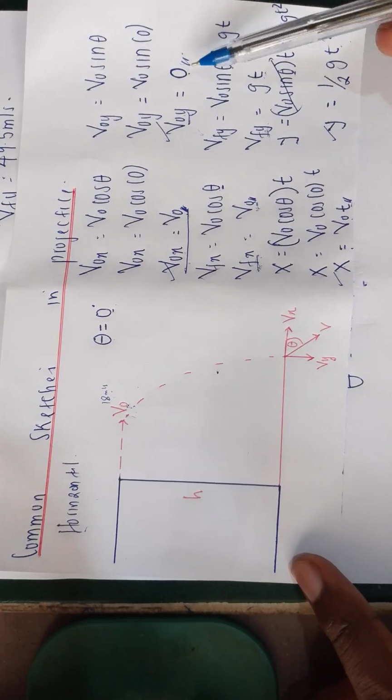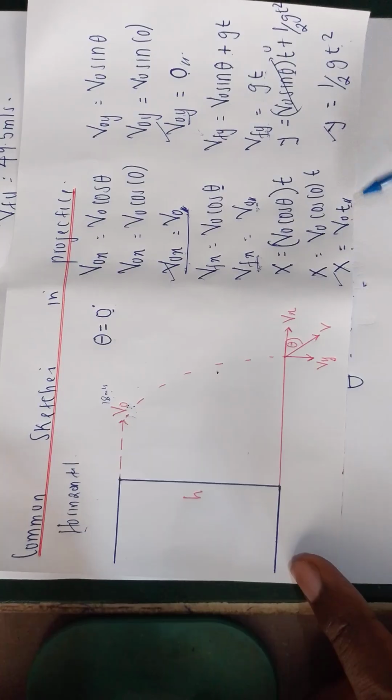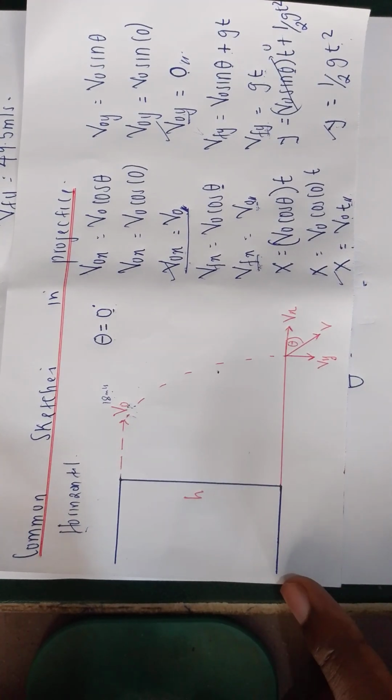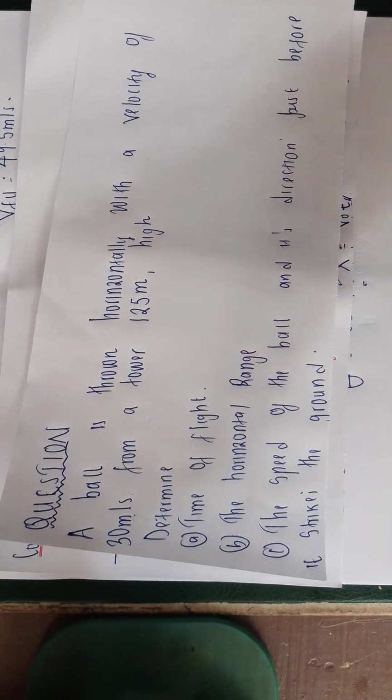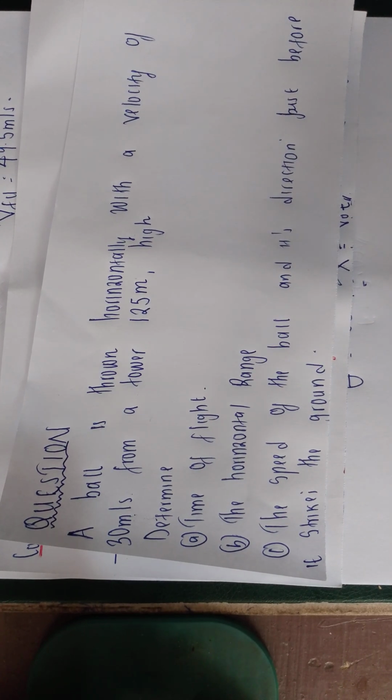The initial velocity in the y is 0, the final velocity in the y is gt, the distance is the initial velocity times time, the distance in the y is 1 over 2 gt squared. And this was a typical example of horizontal projectile motion. Okay, so then in the next part we're going to look at another sketch.